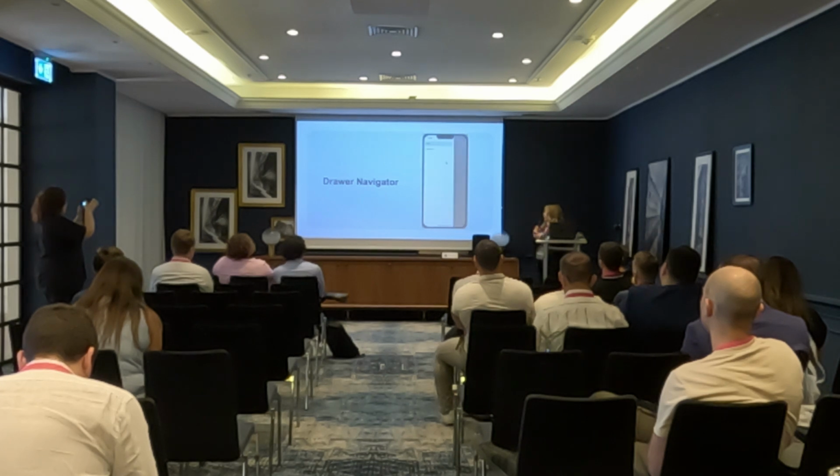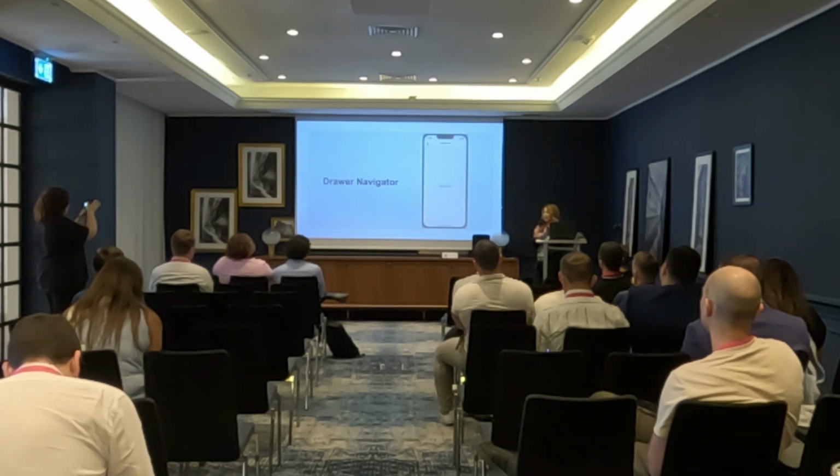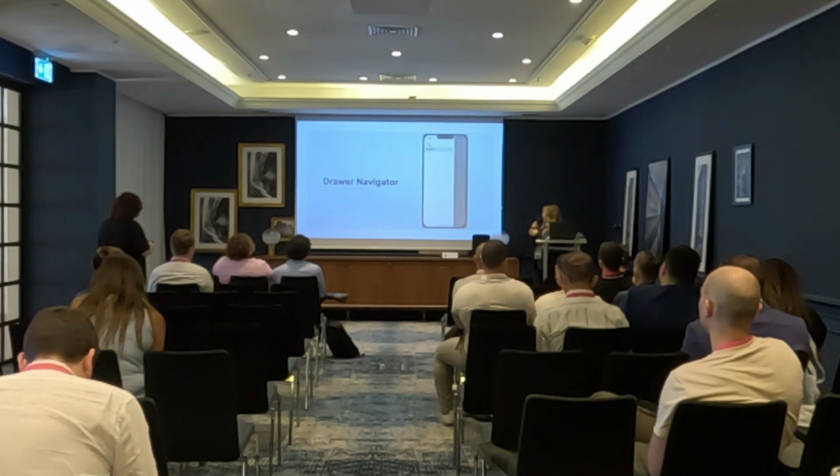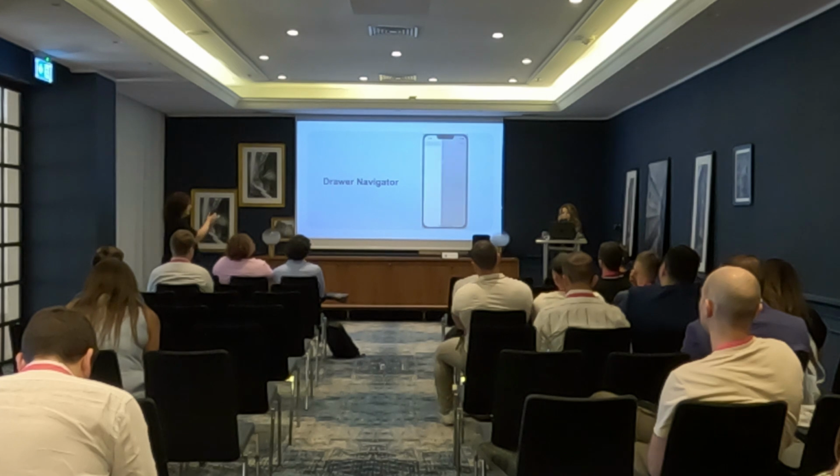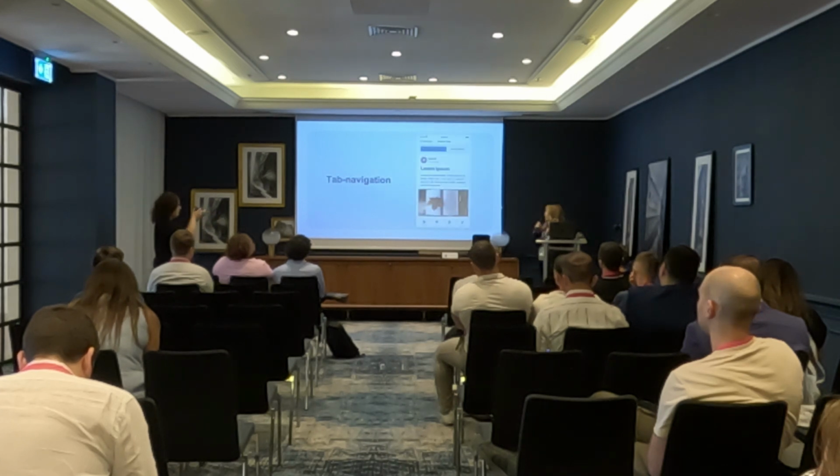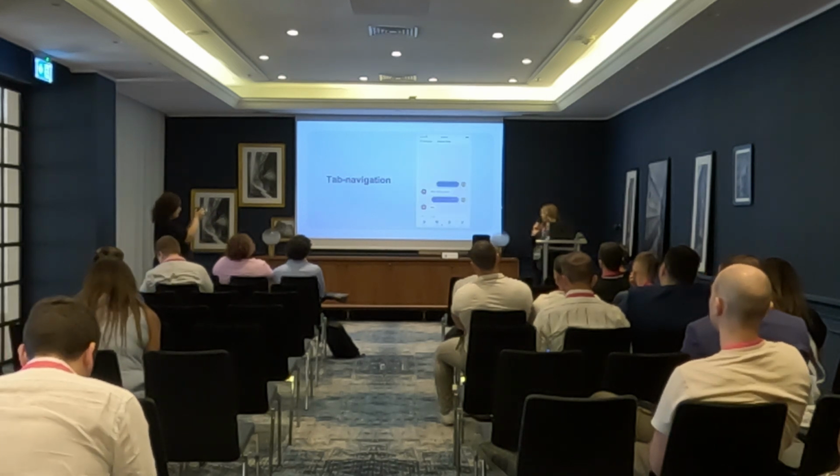One of the common patterns is the drawer navigation. You can put it on the left side or the right side, and it's a really common pattern in mobile apps. And possibly the most common style is the tab navigation.